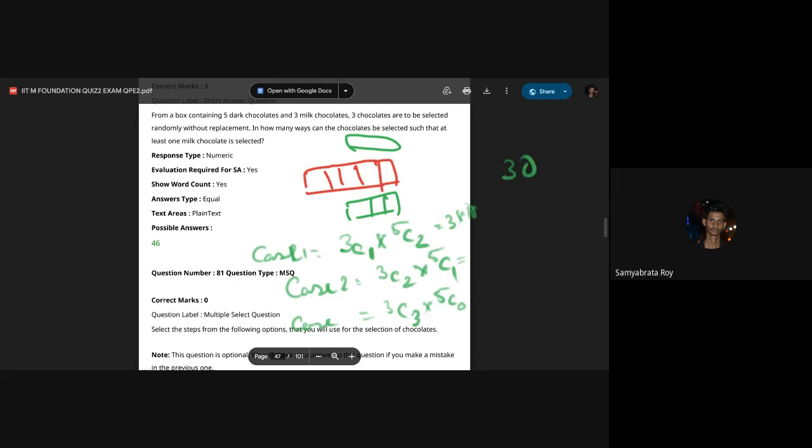What about this? 3C2 is also 3, right? 5C1 is 5. So this is 15. And what if it is 3C3? This is nothing but 1. And 5C0 is also 1. So the total is 56. 56 is the answer.